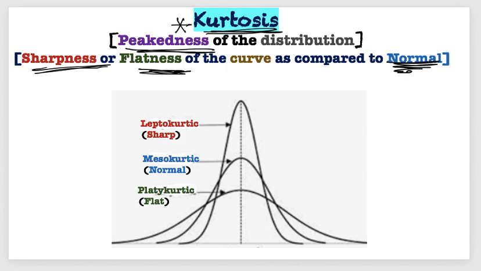Let's say the normal distribution is like this, with tails that are not very narrow or very long. It's perfectly normal, and we call it mesokurtic. But if it is very sharp, we call it leptokurtic, and if the data spread is a lot, we call it platykurtic. So these are the different names for the sharp, the normal, and the flat.